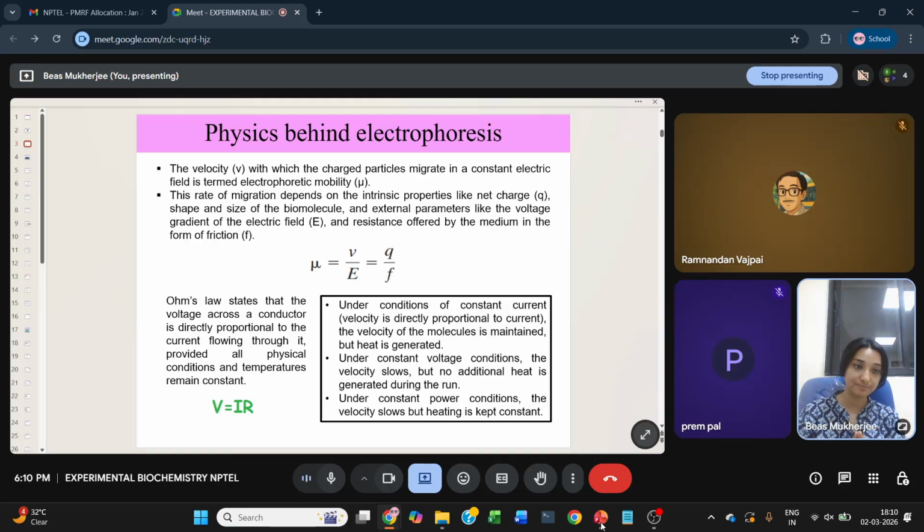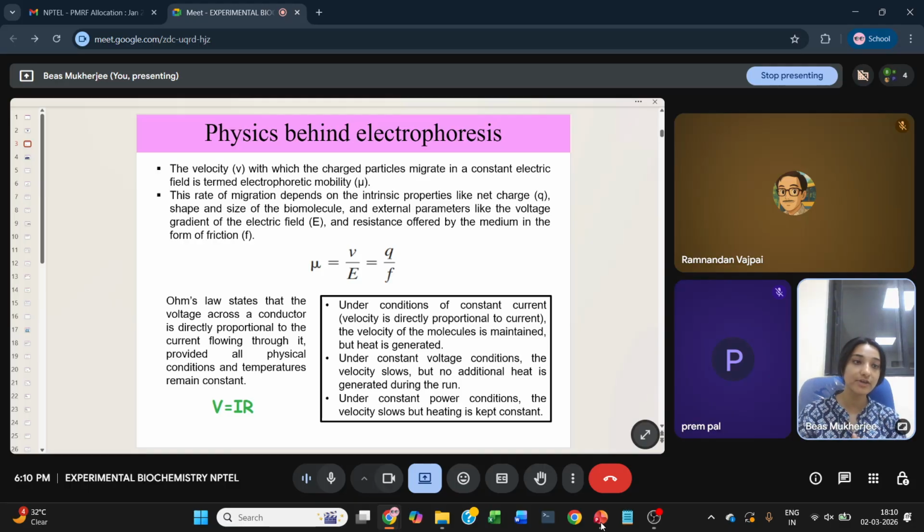You can see the formula for electrophoretic mobility, which is equal to V divided by E. E is your electric field and V is the velocity, and that is also equal to Q divided by F, where Q is the charge and F is the friction. Ohm's law states that voltage across the conductor is directly proportional to the current flowing through it.